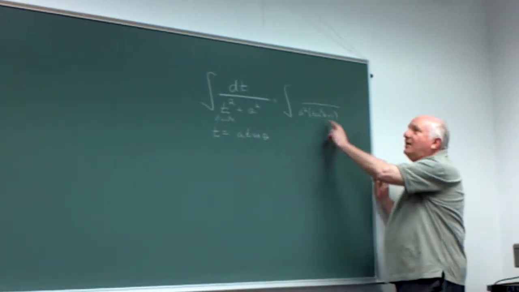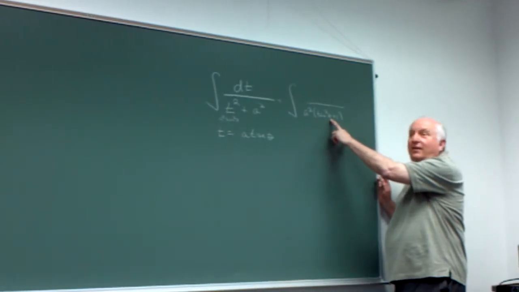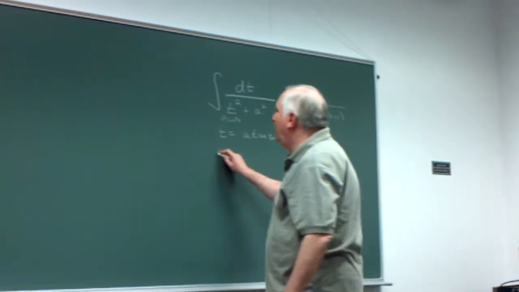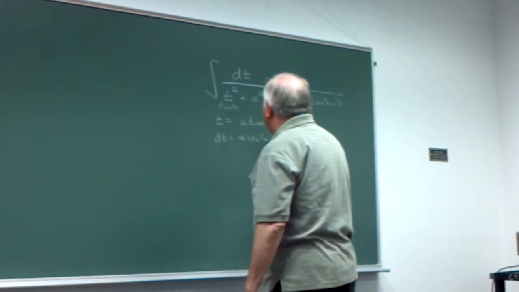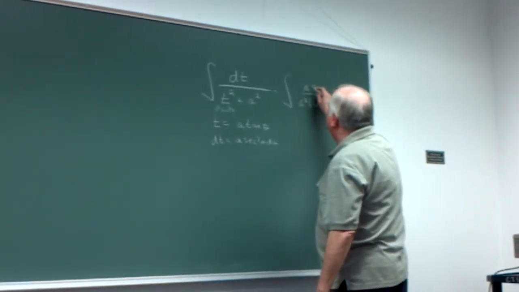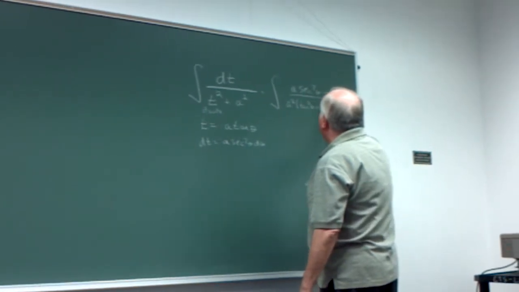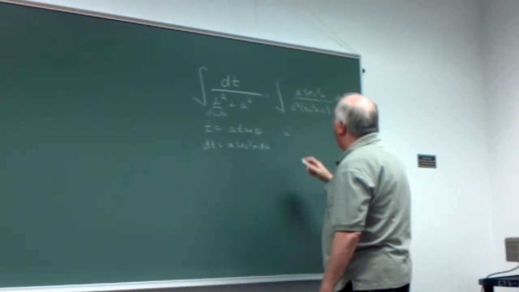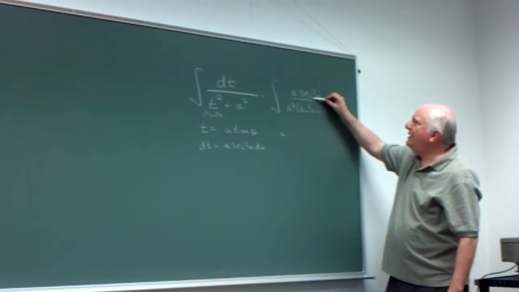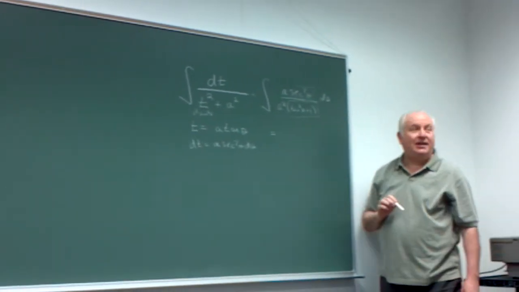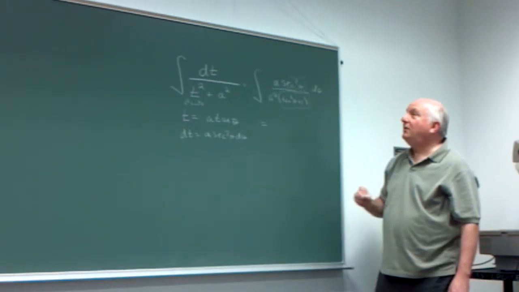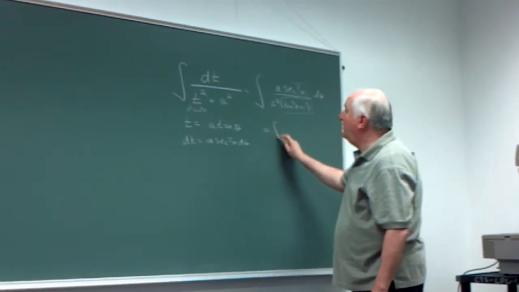And that's the kind of thing you want, because that's a secant squared. And then dt would be a secant squared theta. Well, that's a secant squared, and that's also a secant squared, so all you're really left with is 1 over a.